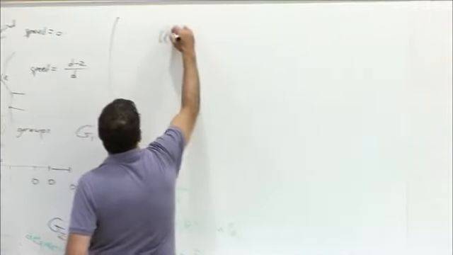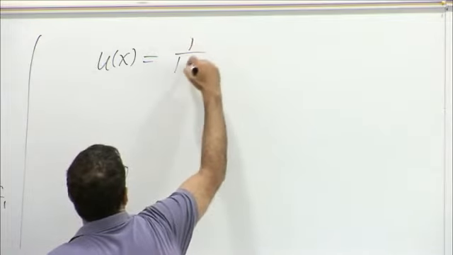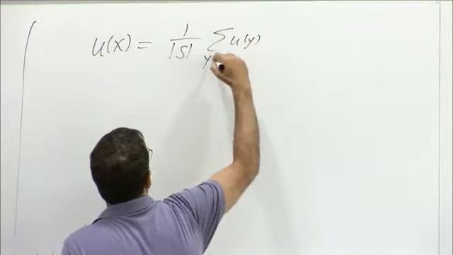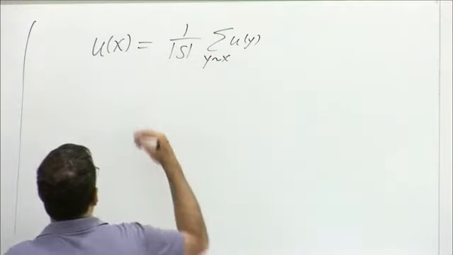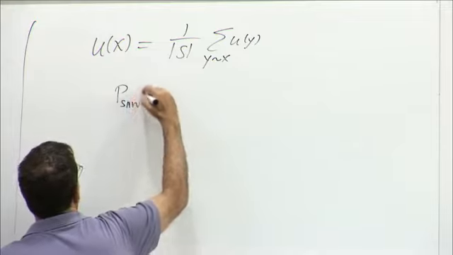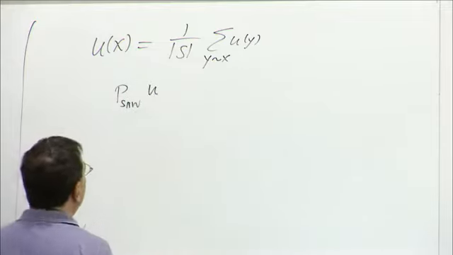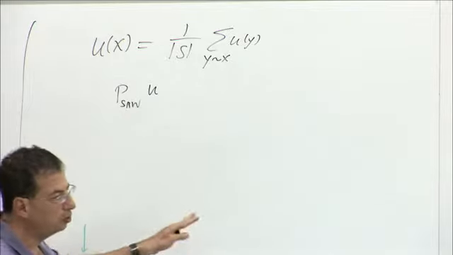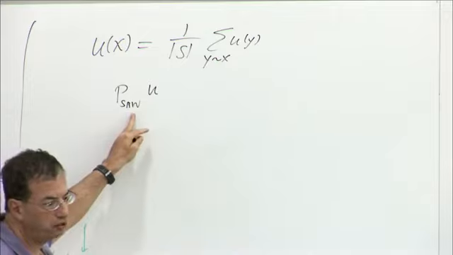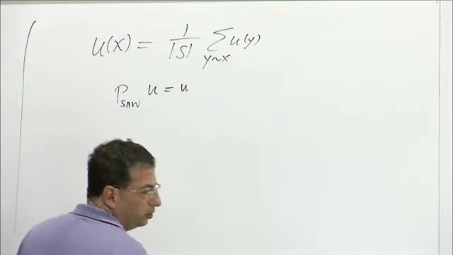A harmonic function on the group is just u satisfying that u of x is the average over the neighbors y of u of y. Which can be expressed as saying that if we take the matrix of simple random walk and multiply it by u, so u is a function on the group, but we can think of it as a column vector, we multiply by the transition matrix, and this should be just identically u.